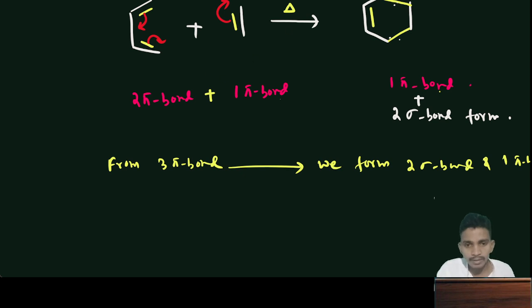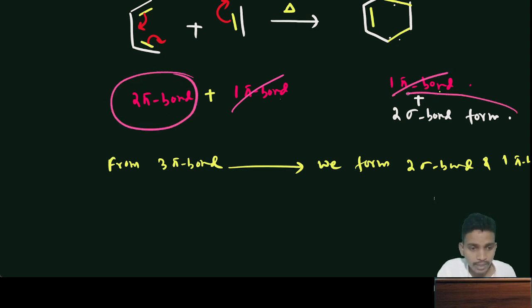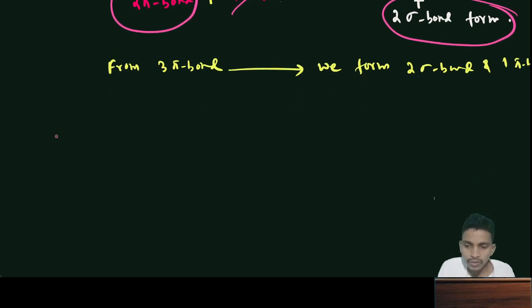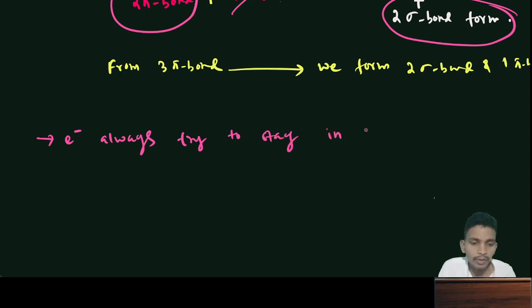If you cancel this one, this and this here, then these two pi bonds make the two sigma bonds. And what we see is that electrons always try to stay in lower energy. Electrons always try to stay in the lower energy.